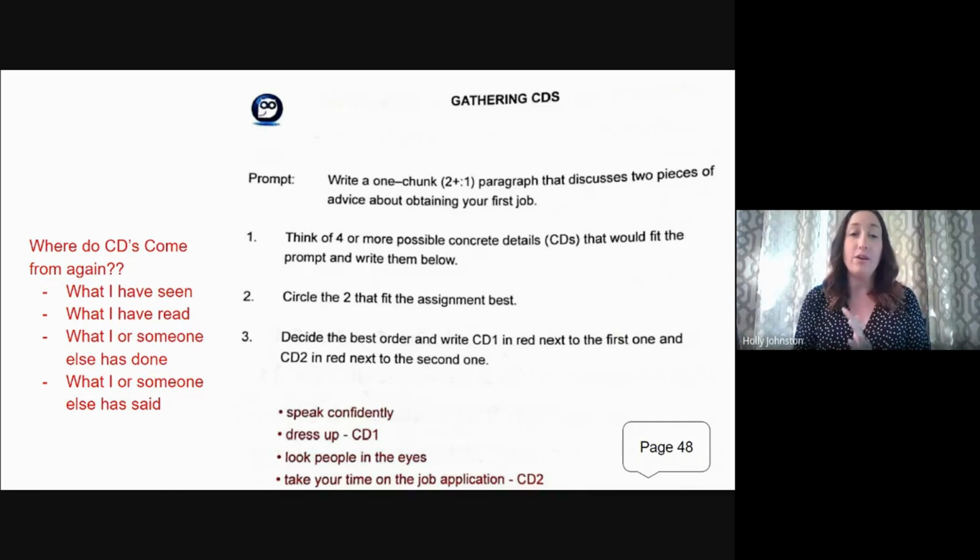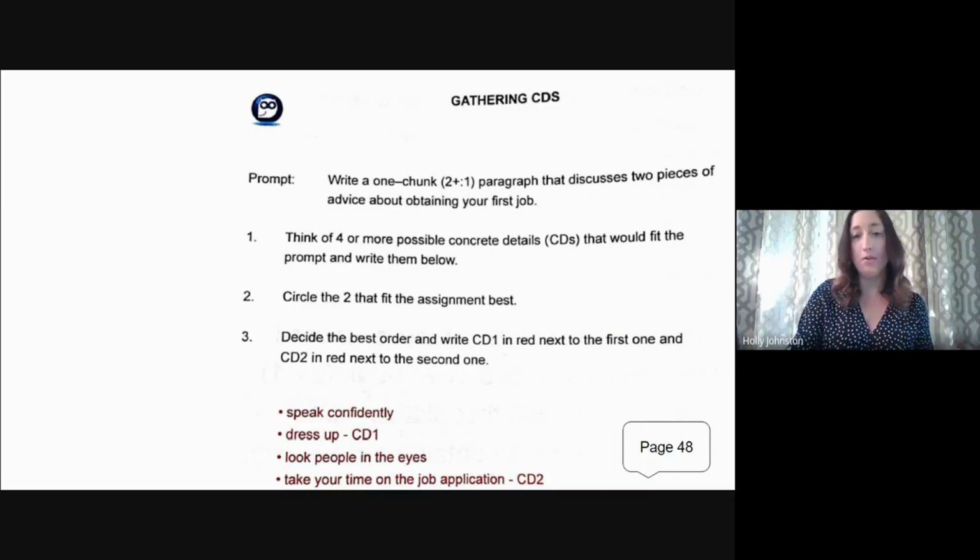Remember that we are not working with a text-based prompt here. We are building the concrete details from just facts and things that we know to be true. So things that I have seen, things I have read, what I or someone else has done, and what I or someone else has said. Then we are going to circle the 2 that fit the assignment best.